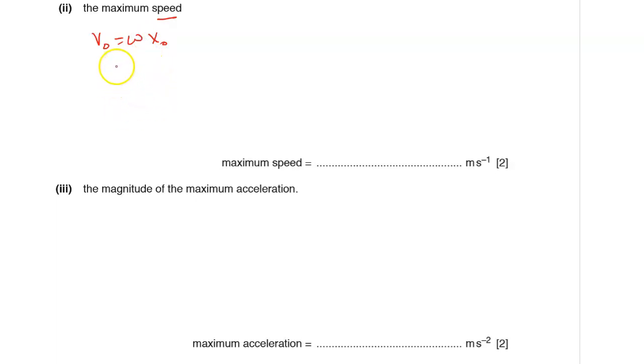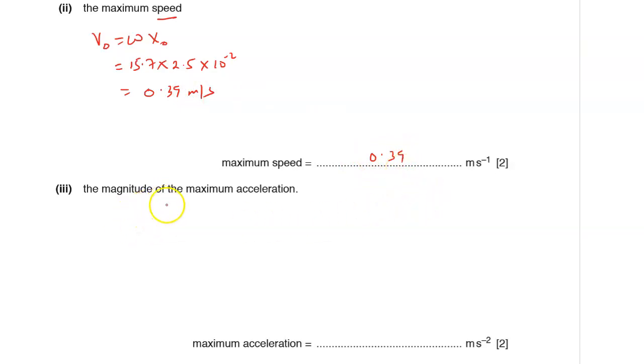The angular frequency we found is 15.7, times x naught, which is 2.5 centimeters. Of course, you convert the centimeters to meters. So what you get is 0.39 meters per second.